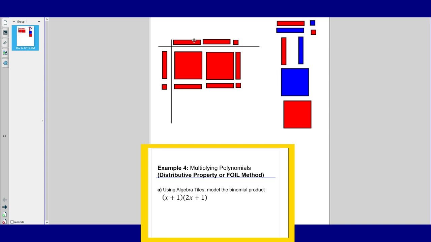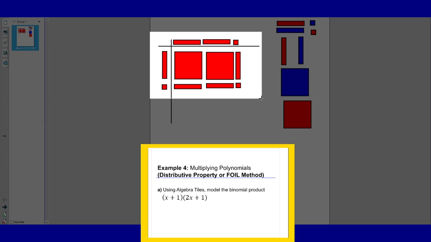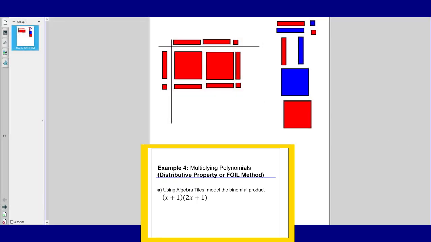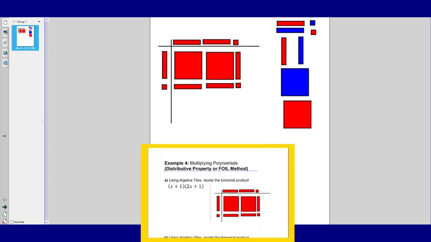So now we have our algebra tiles. We've used them to create our shape. And if we take a look at what the answer is, by looking at the inside here, just looking at all those tiles, we can see that the answer would be 2x squared plus 3x plus 1.